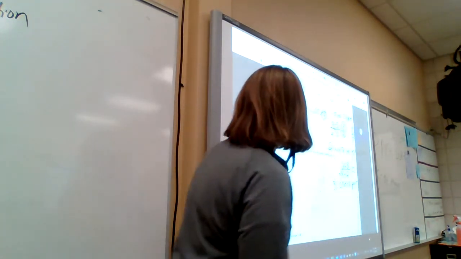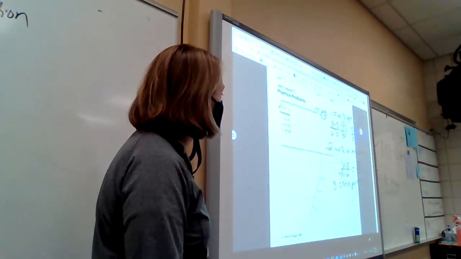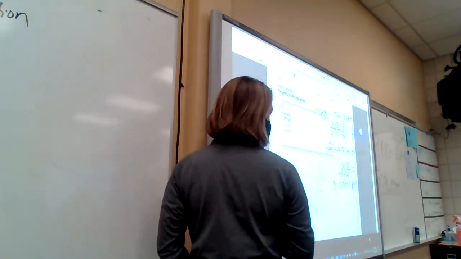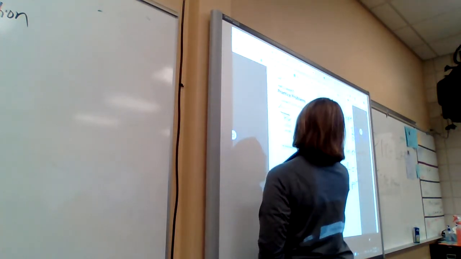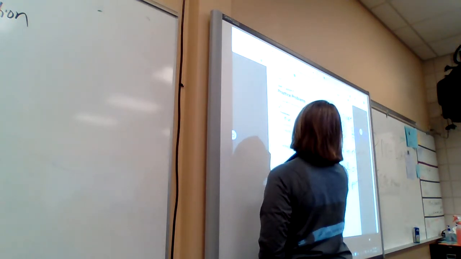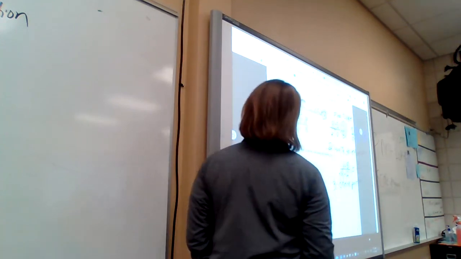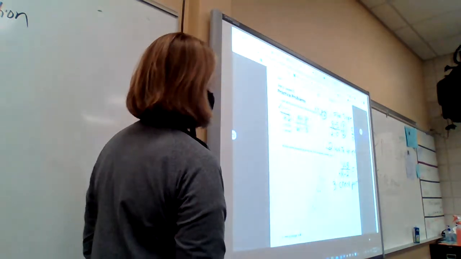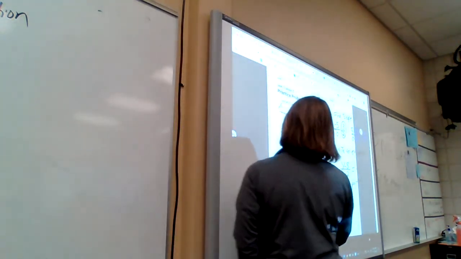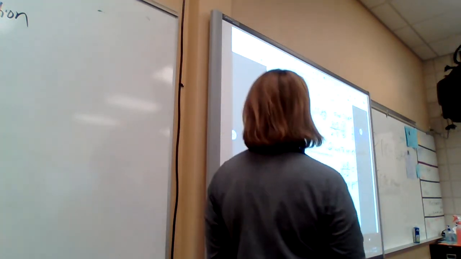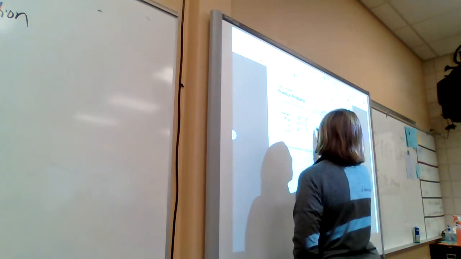Let's do number 3. Number 3 is 6 comma 14. 6 is the x, 14 is the y. So 14 minus 8 over 6 minus 2. What is 14 minus 8? 6.